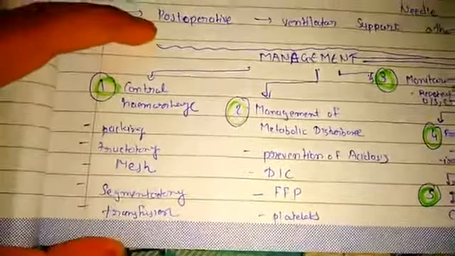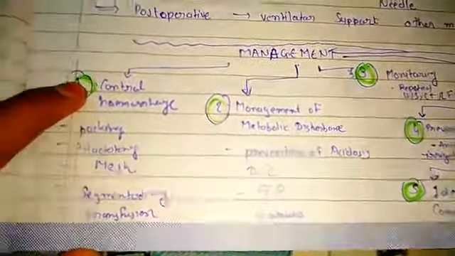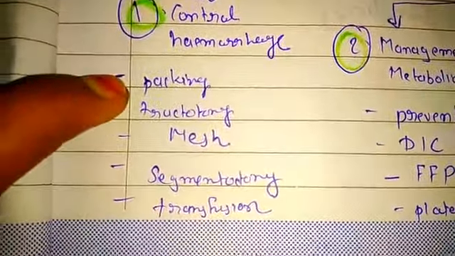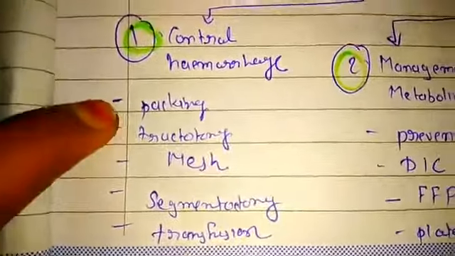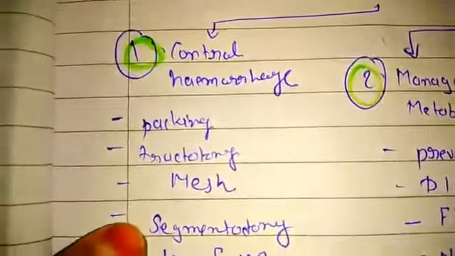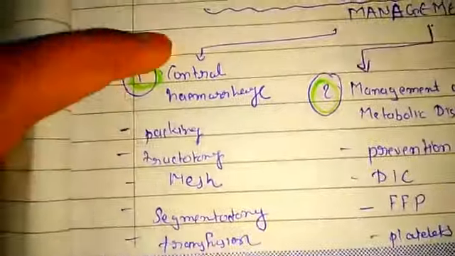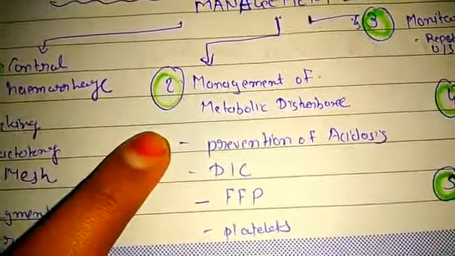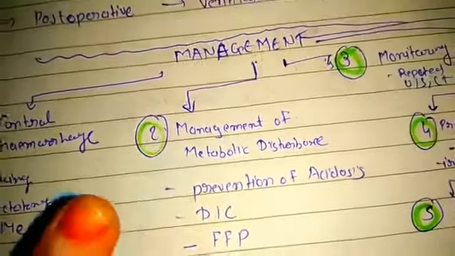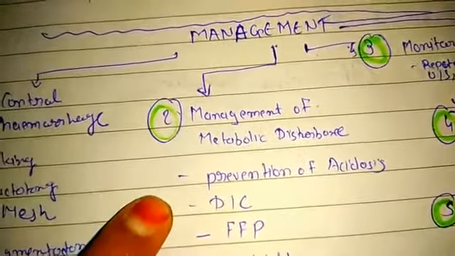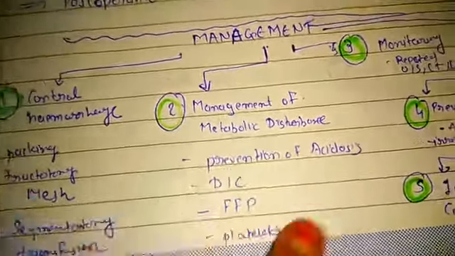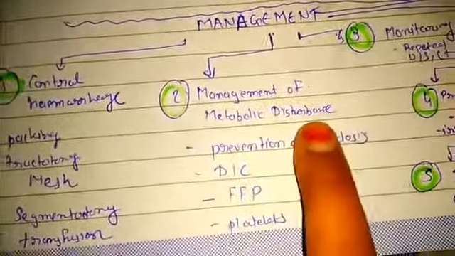The overall management at a glance: first control the hemorrhage by packing, tractotomy, mesh, segmentectomy, transfusion. Control the hemorrhage first. Then management of metabolic disturbance: prevention of acidosis, disseminated intravascular coagulation, fresh frozen plasma and platelets.